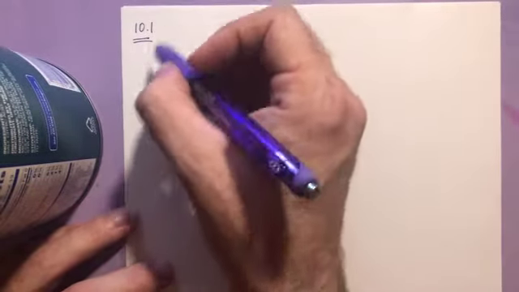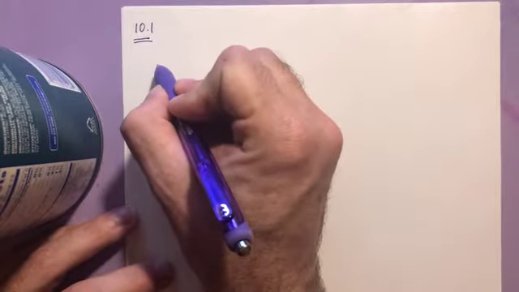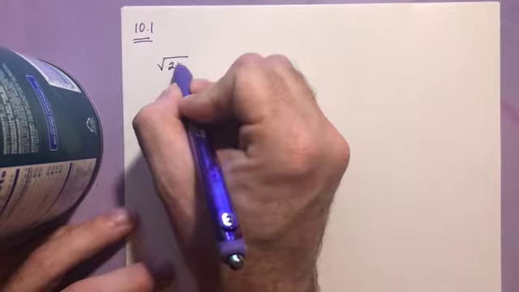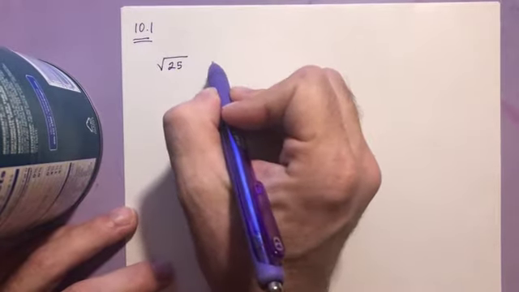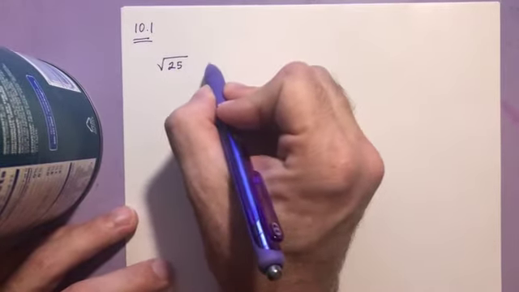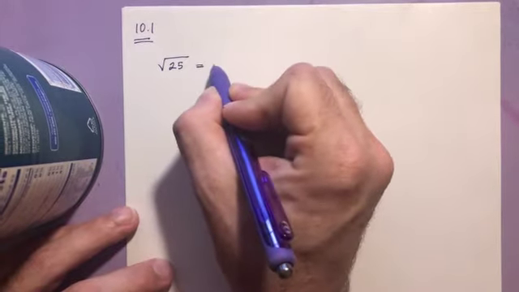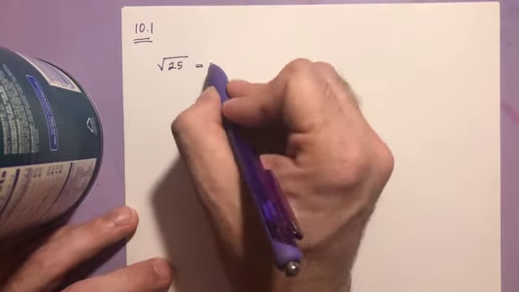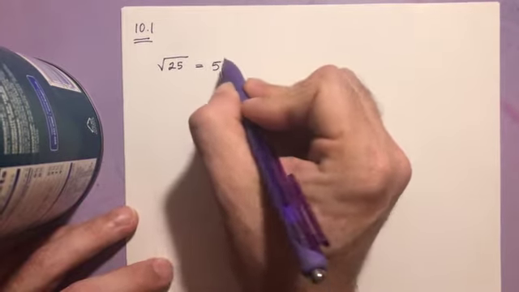So we're talking about the square root, and the square root of a number, like say 25, comes from the idea that this is the same thing as 5.